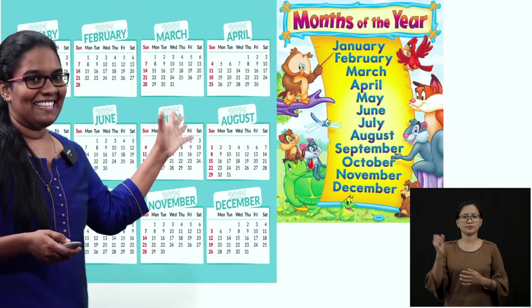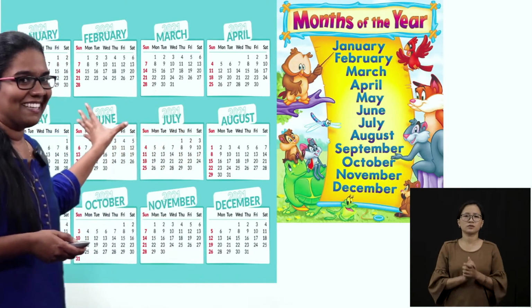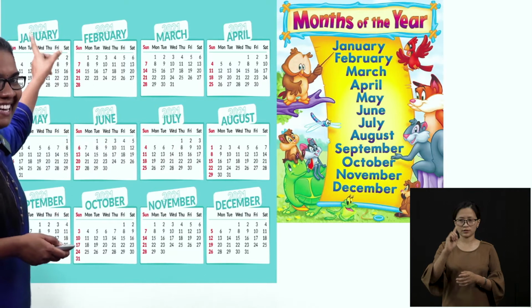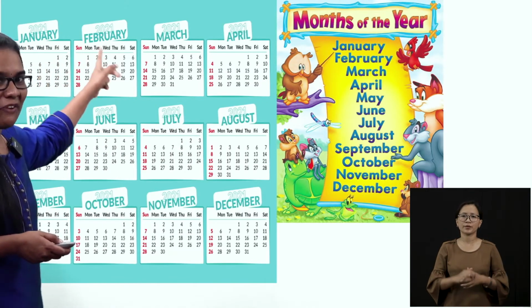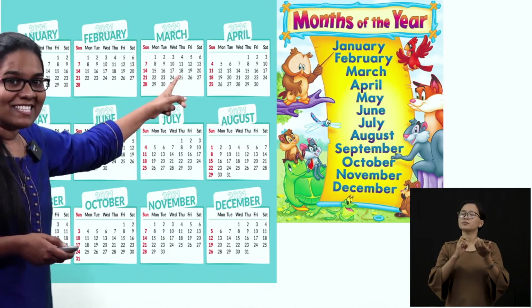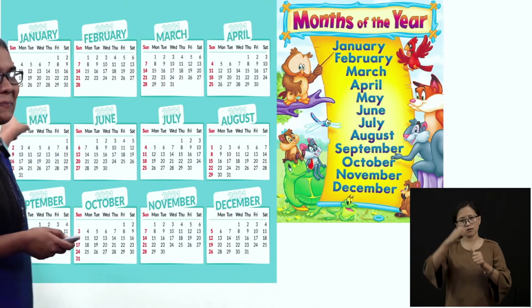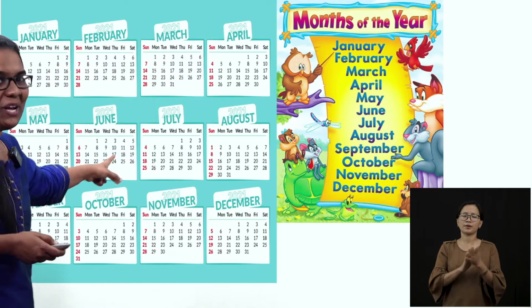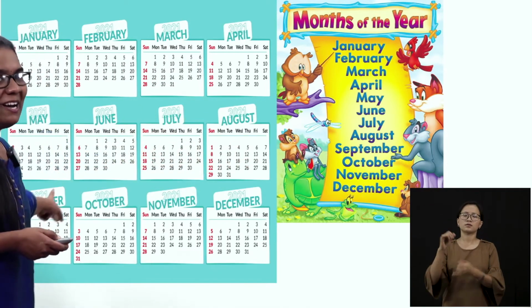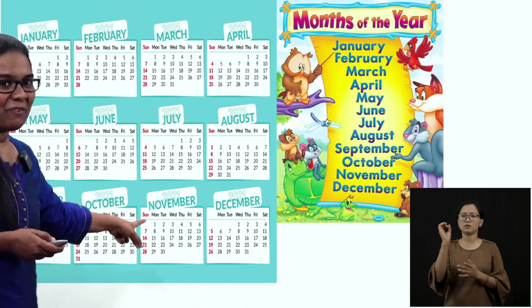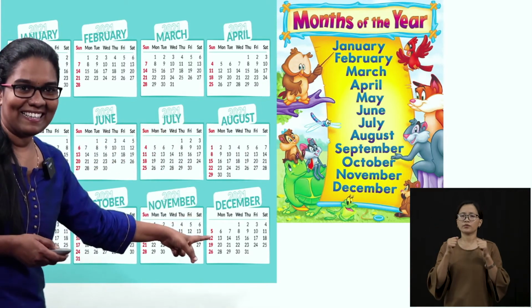Months of the year. What are the months of a year? First one, January. January, February, March, April, May, June, July, August, September, October, November, December.